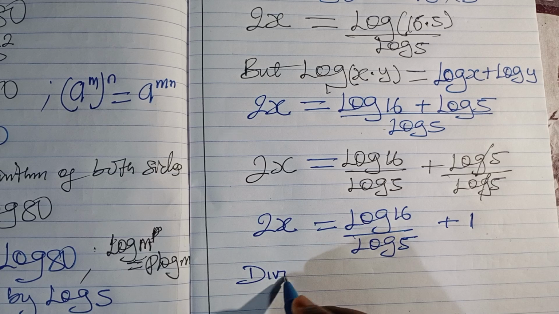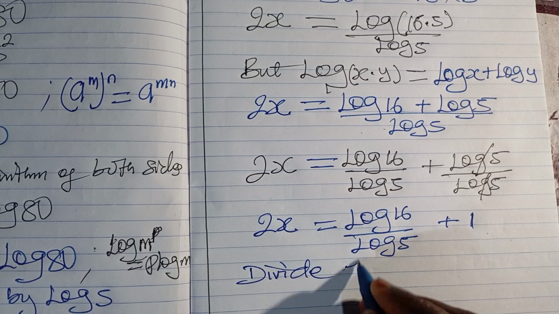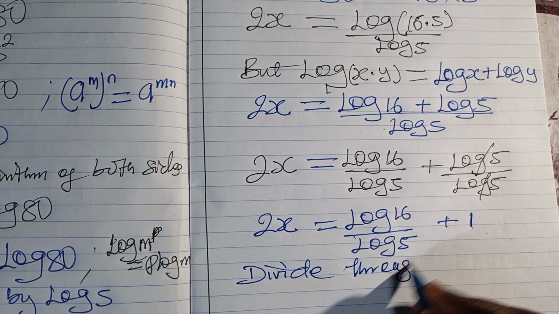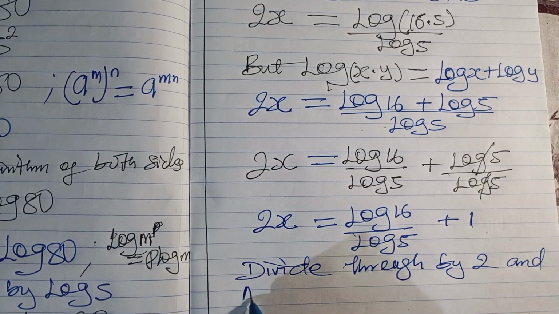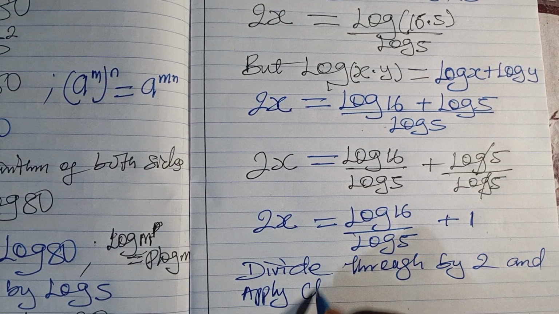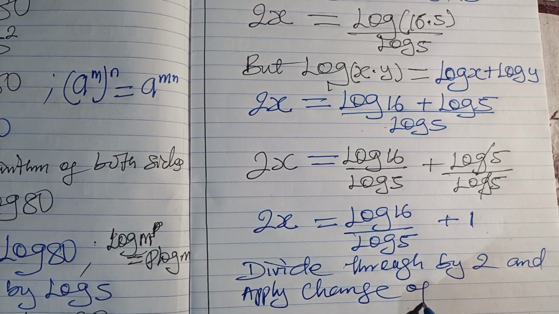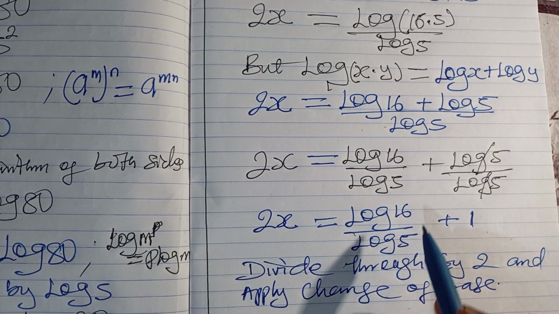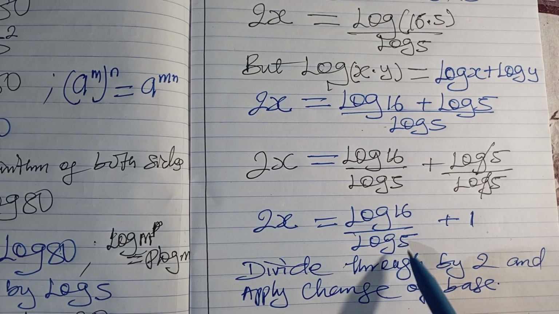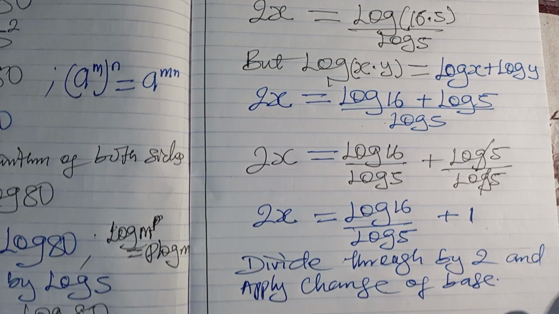Let's further divide through by 2 and then apply change of base. We are going to apply change of base here. It will now be log 16 base 5. Then we'll divide all through by 2.